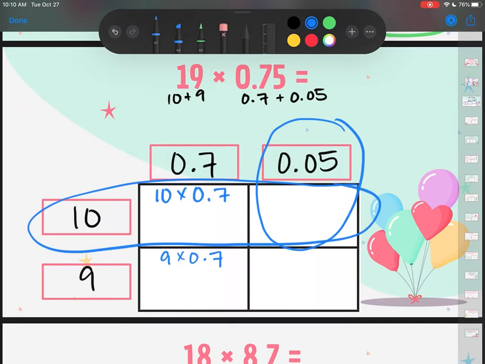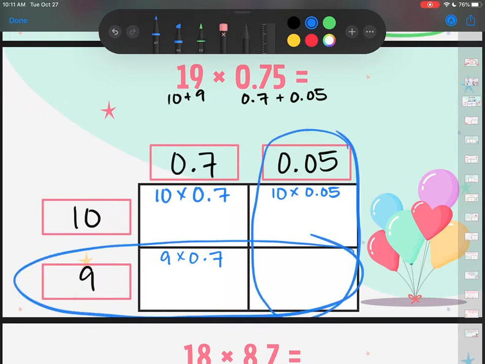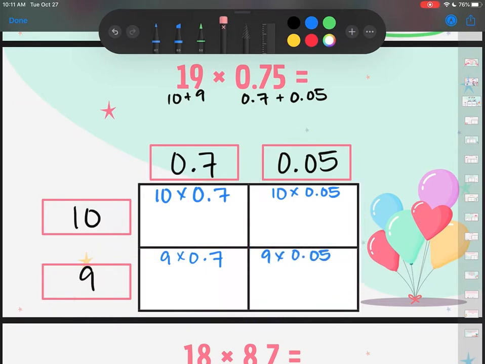In my top box, I've got 500 times 10. So 10 times my 500. And then in my final box, I've got 500 times 9. So 9 times 500. And those problems are what I'm going to solve.